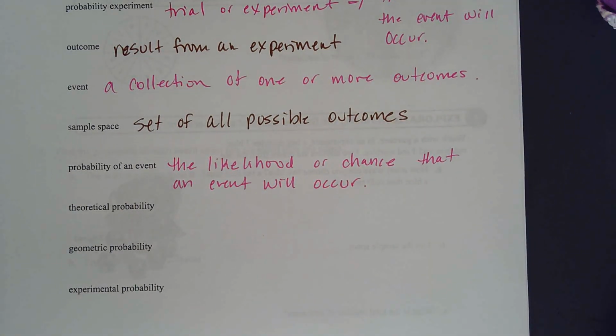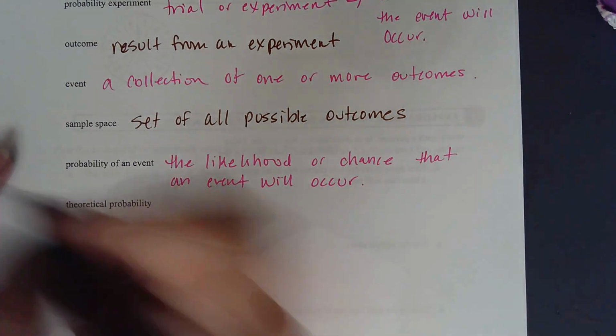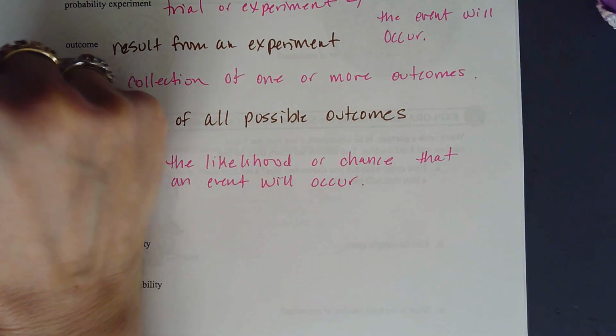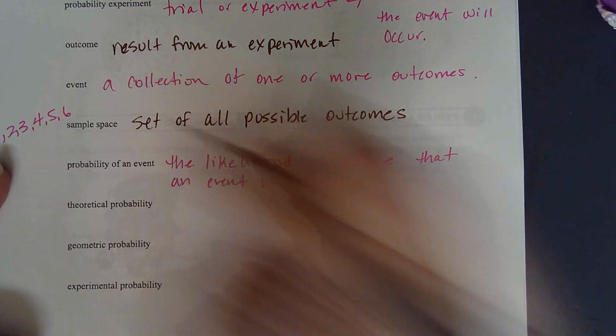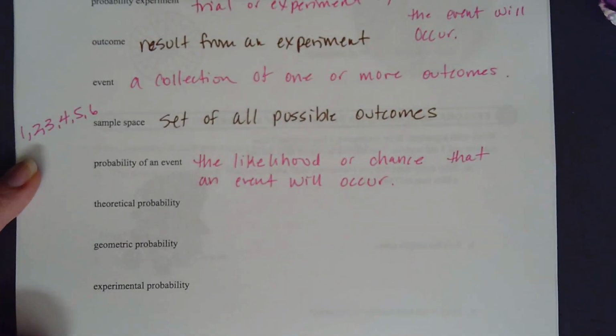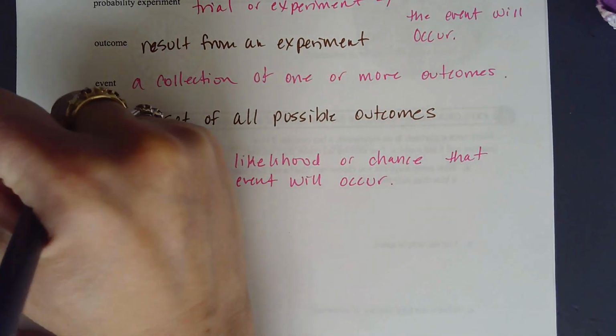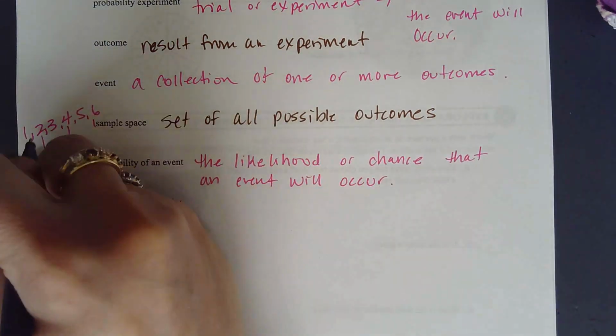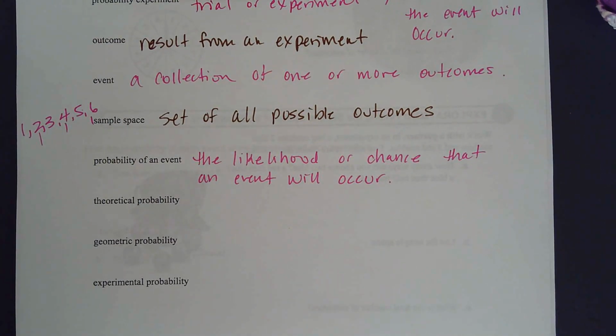A lot of times you'll hear that word given: the probability of rolling an even number. Well, if the sample space is 1, 2, 3, 4, 5, and 6, you could get a 2, a 4, or a 6. There are 3 chances out of 6, so the probability would be 1/2. That's just a basic example, but that's what we're getting at.